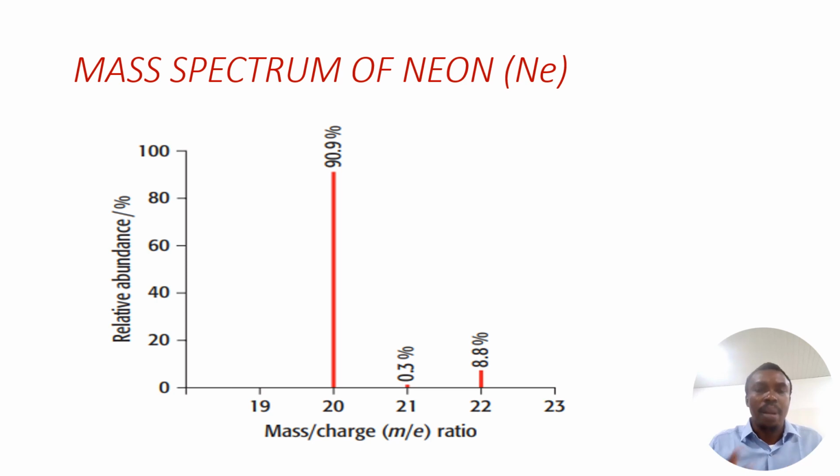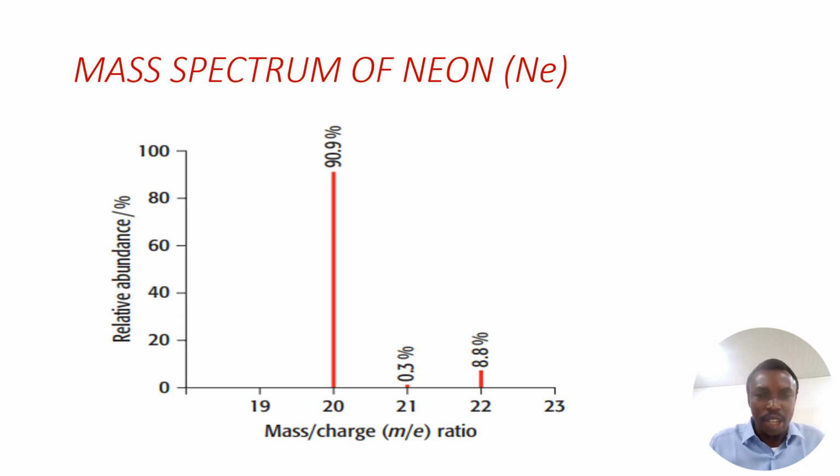That means neon is an isotopic element. It's an element that exhibits the phenomenon of isotopy, which was revealed during mass spectrometry. It gives us a graph of the relative abundance against the mass to charge ratio, or the atomic masses, with different peaks representing the isotopes.